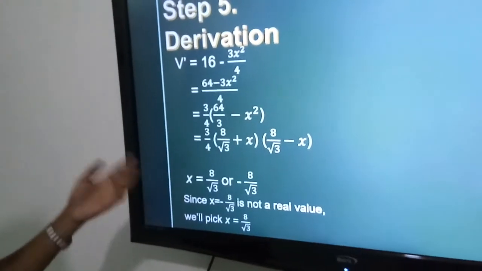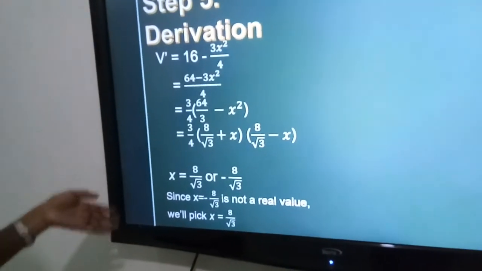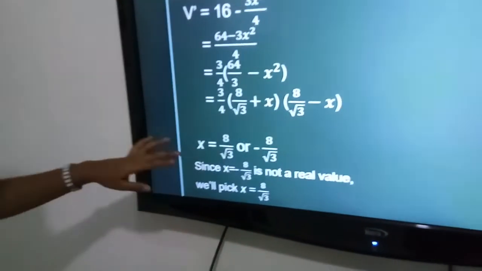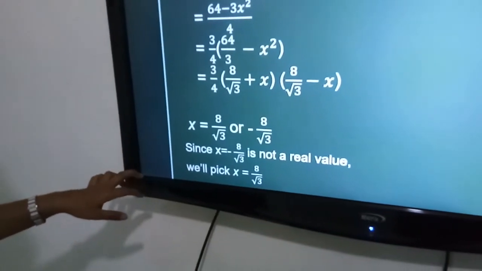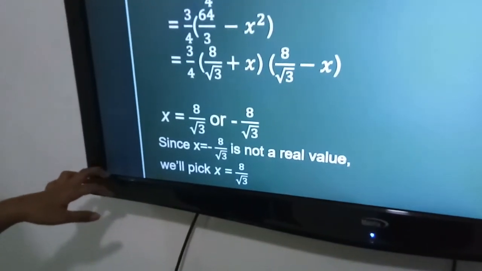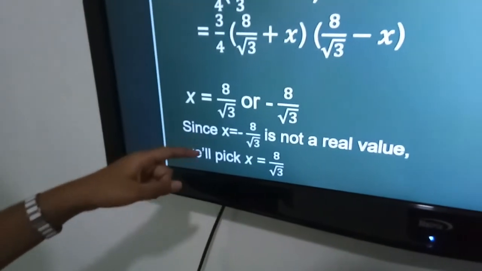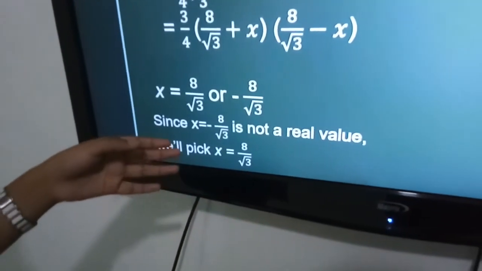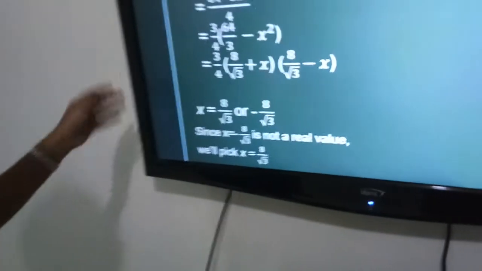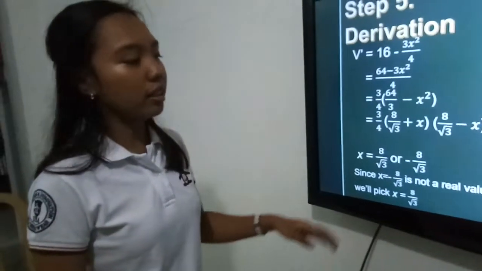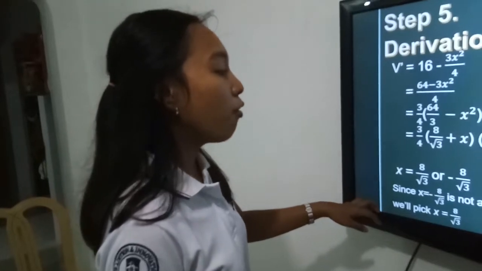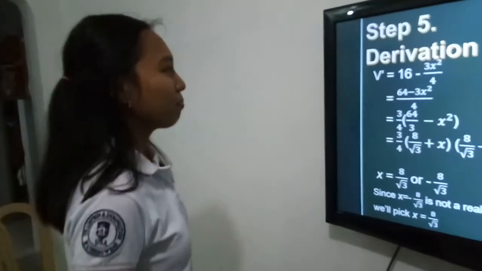Then we need to equate it to 0 to find our factors. And we have here x equals 8 over square root of 3 or negative 8 over square root of 3. Since x equals negative 8 over square root of 3 is not a valid value, we'll choose x equals 8 over square root of 3.